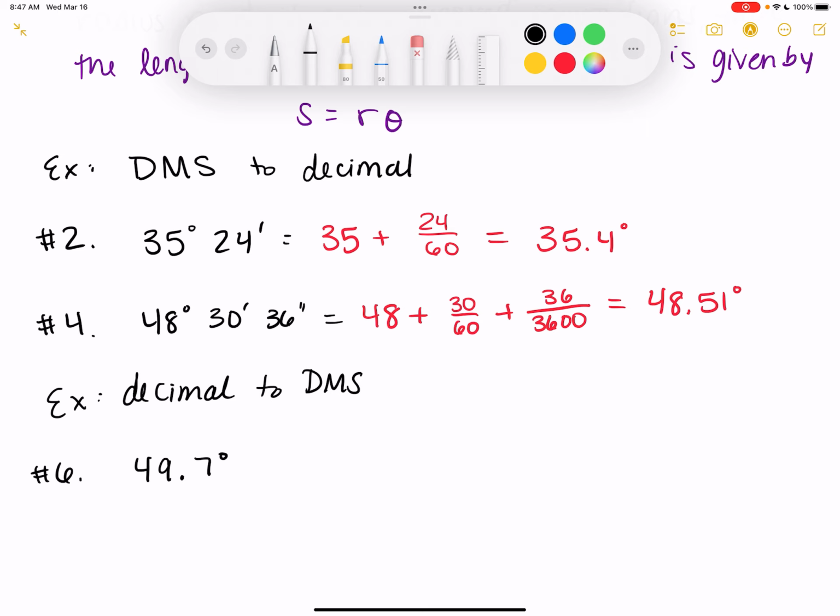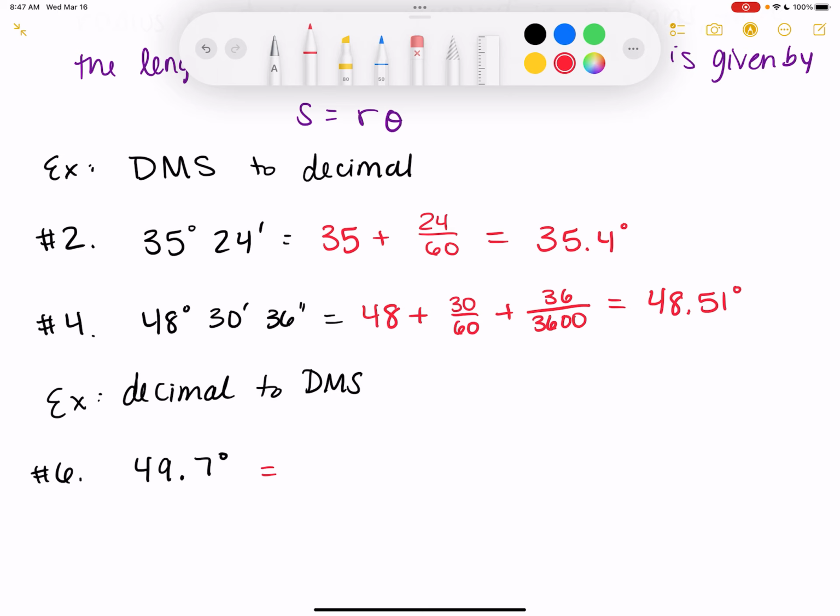Well, if you're doing decimal to DMS, it would be multiplied by. It would be 49 plus 42/60. How do you know it's 42/60? Because you have 0.7 and you multiply it by 60. But I could be wrong. Why do you multiply by 60? Oh, never mind. Don't listen.